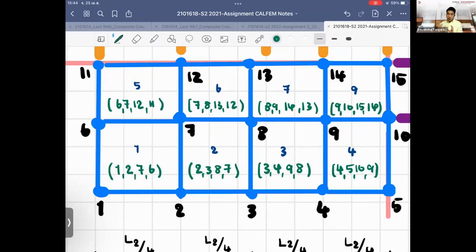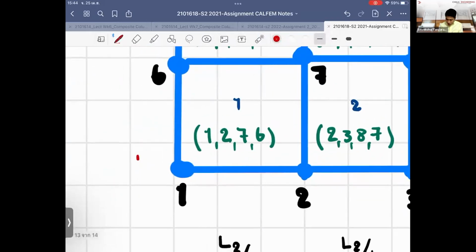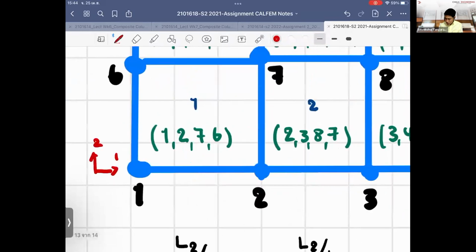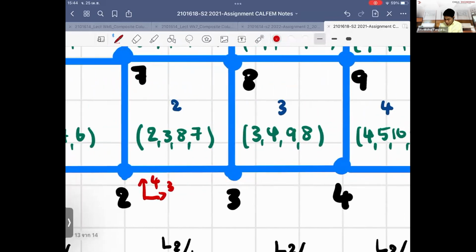Once you have the geometry of the mesh, when you define the node, you also tell what the degrees of freedom are that come with them. For example, I'm saying that, okay, at node number 1, we have this pattern of degrees of freedom: 1, 2. Node number 2, I have 3, 4, and you keep running the degree of freedom numbers: 5, 6, and so on.